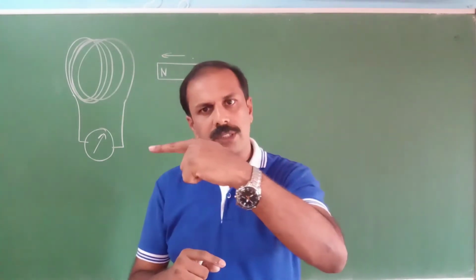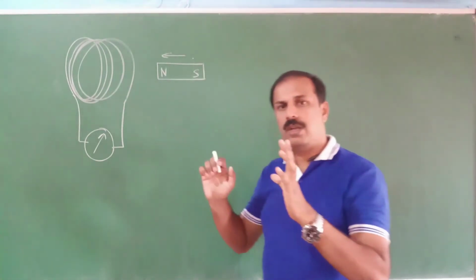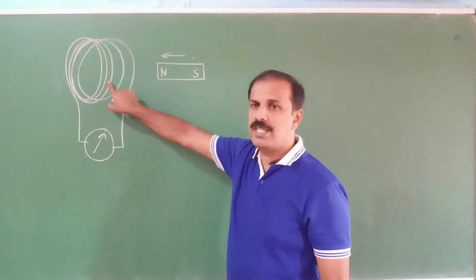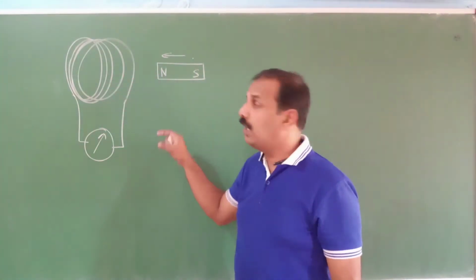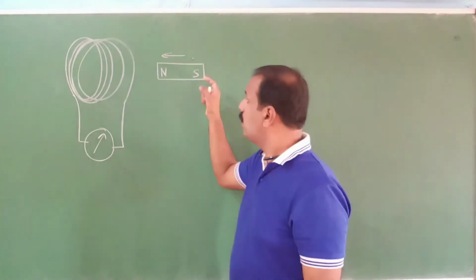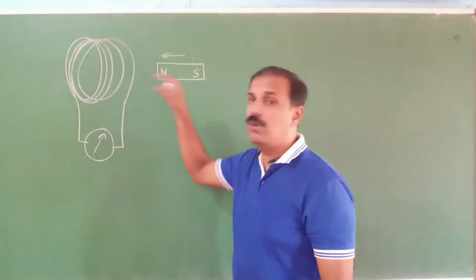Similarly, pushing north and pushing south also will show opposite directions. So once more, the entire thing: if you push the north towards that side, it will show deflection to one side. If you push the south, it will show the opposite direction. And again, if you take the north away, it will be opposite to pushing the north towards that side.